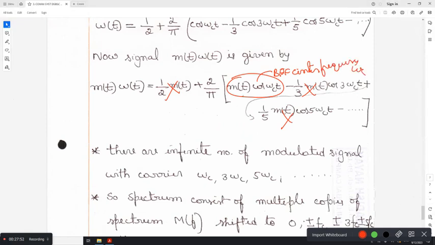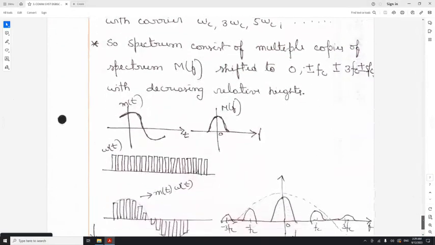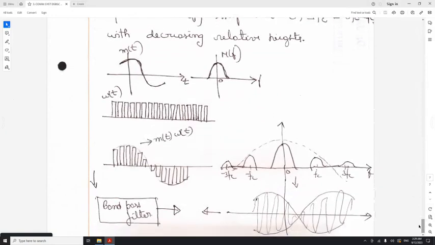So what you get is only this term. What is this term? Come on. Double sideband suppressed carrier wave only. That's all. So in this way, you can generate a double sideband suppressed carrier wave. See, this is what I have told you.